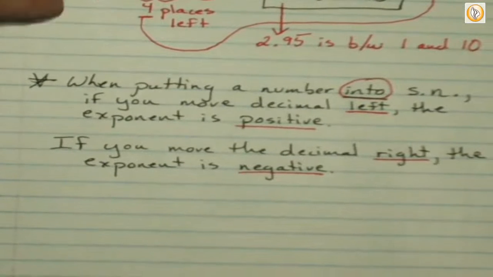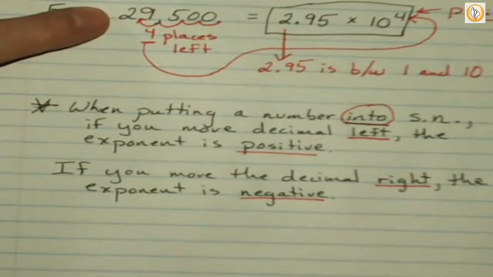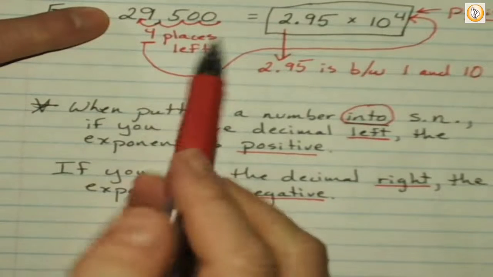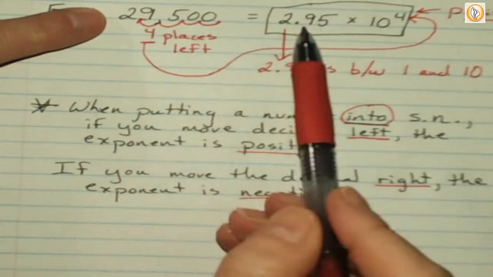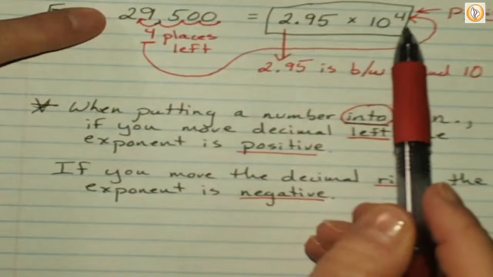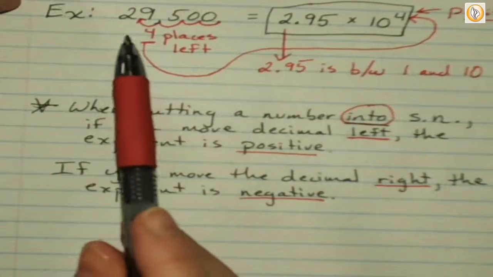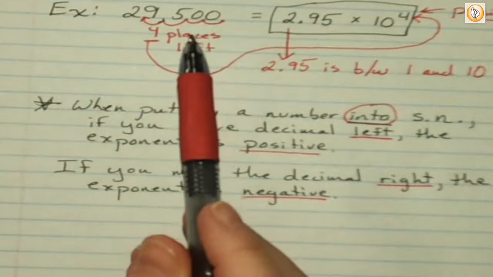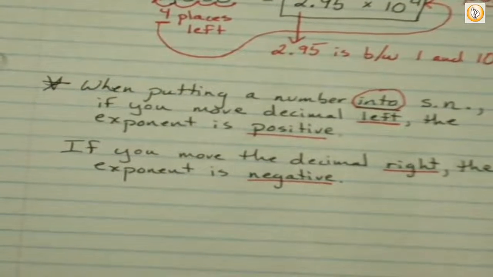So what we just did up here, we took a basic number and we put it into scientific notation. We moved the decimal place to the left to get it between 1 and 10. Therefore, the exponent is positive. But if we were to move it right, and I'm going to give you an example, then the exponent would be negative.